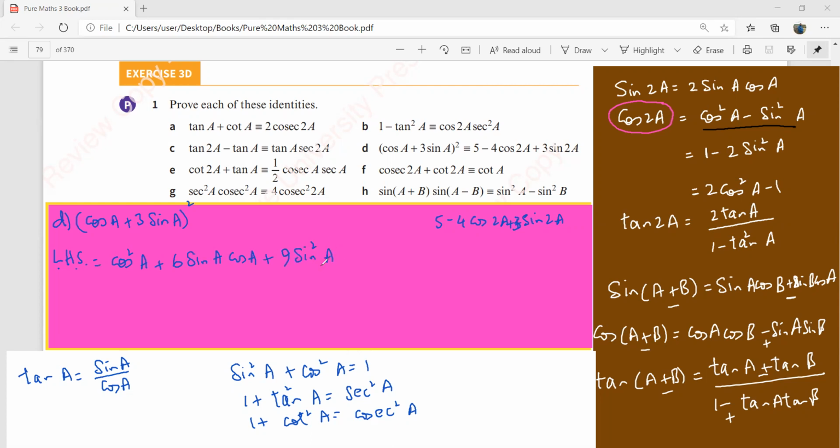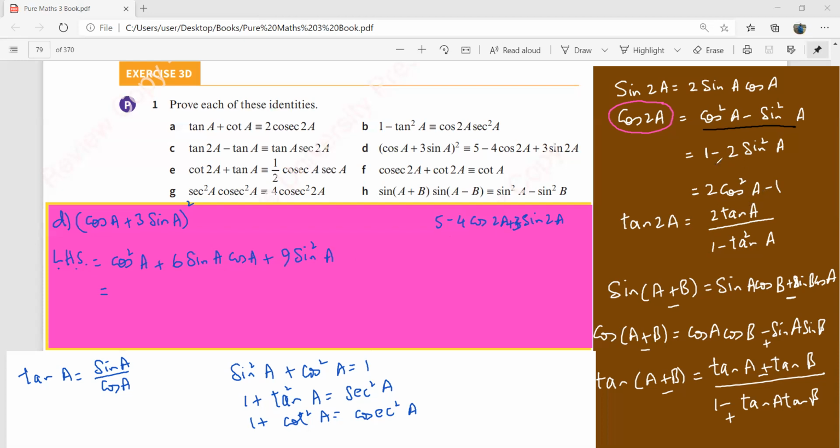Okay? Then he has taken this as minus. There is minus. So I think he has chosen, yeah. Okay, let me see. If I change the sine square a with 2 cos square a minus 1, I don't get this 4 cos 2a.